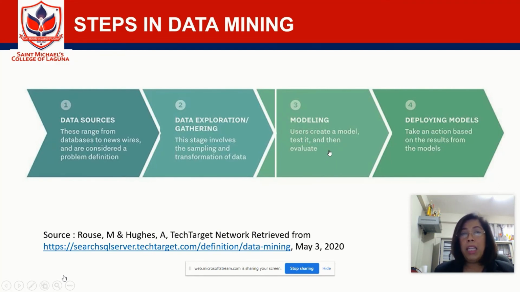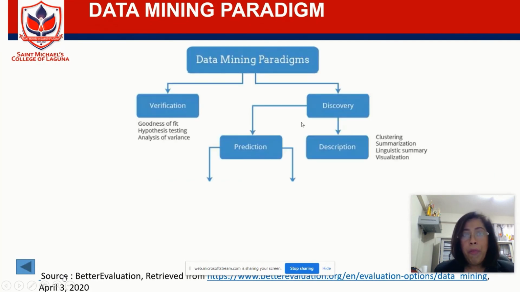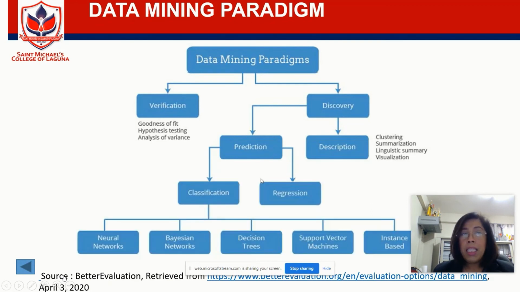Furthermore, building the model depends on what data mining paradigm is applicable, either verification or discovery approach. But in this course, we will focus on prediction, either classification or regression, and apply suitable algorithms depending on the problem definition of the study.